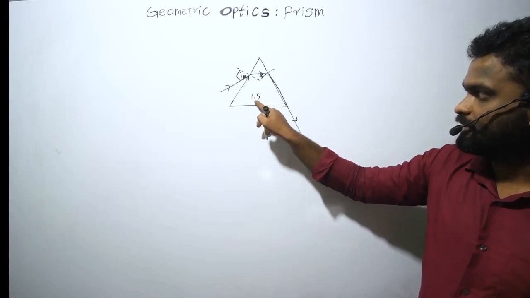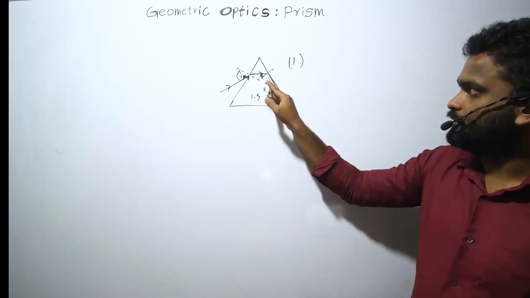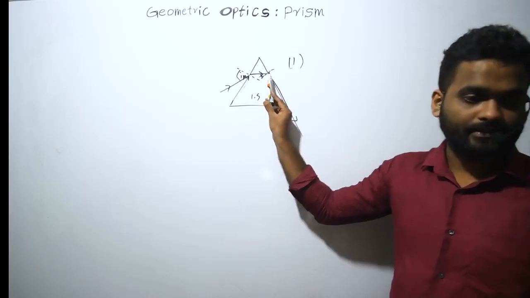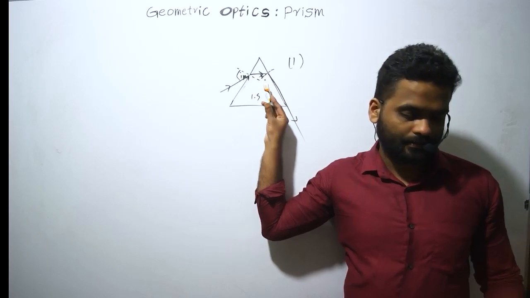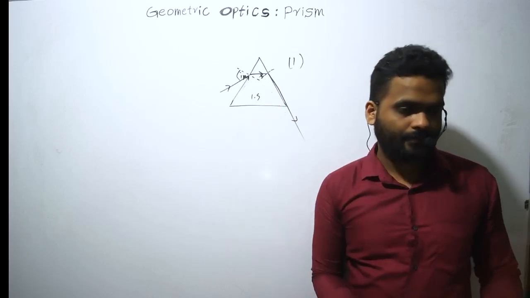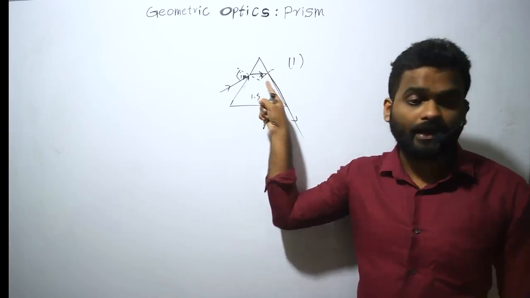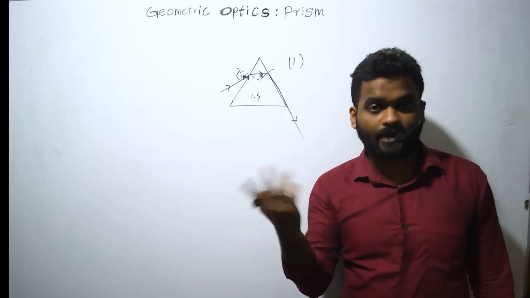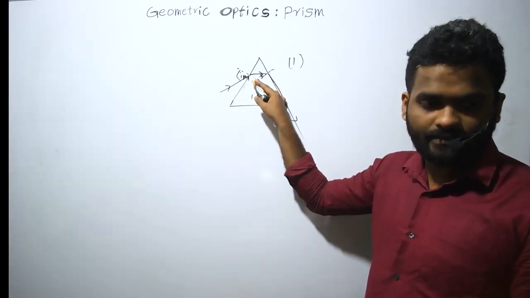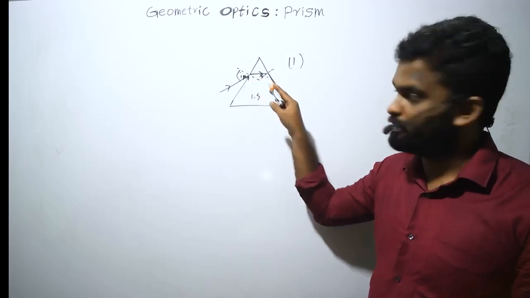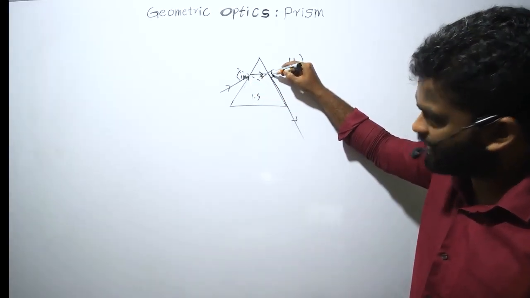Okay, so for the glass the refractive index is 1.5, for air it is 1. You can apply Snell's law to this point first, because before finding this first refraction, we can find the critical angle using the refractive index. We know nothing about the first refraction point, but this one we know, right? We know the emergent angle, that is 90 degrees.